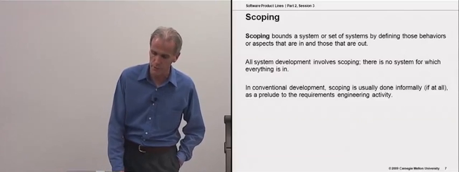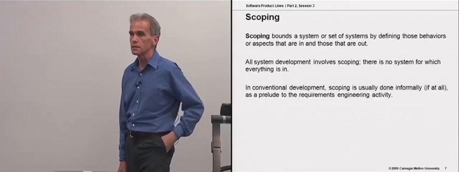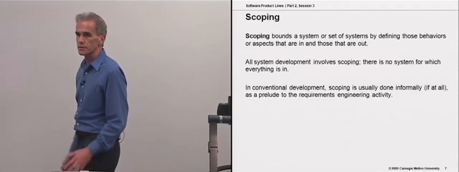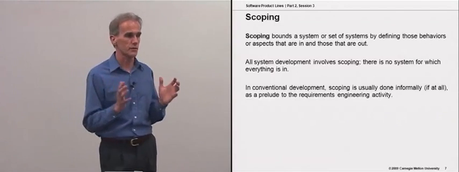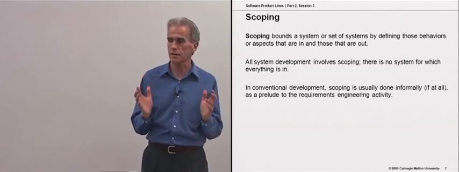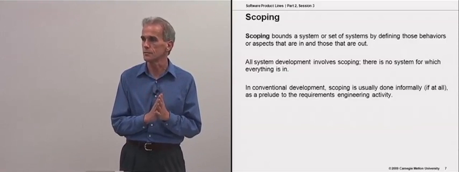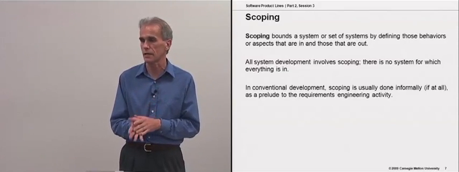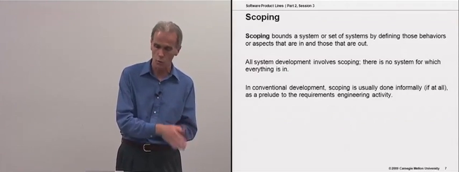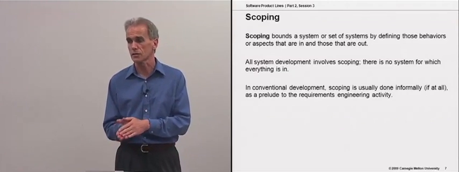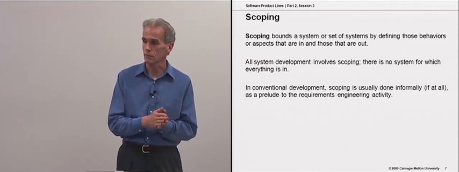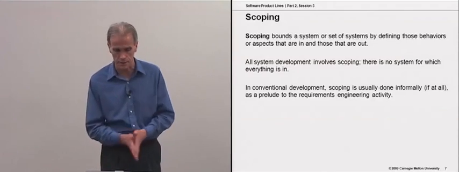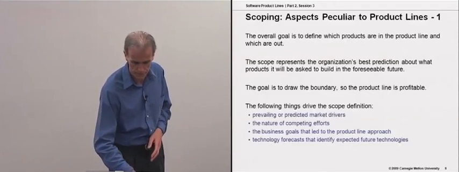The scoping practice area is all about coming up with an identification of the set of products that's going to be built as a product line, and making a determination of what's in and what's out, and coming up with a justification for why it's a particular set and not some other set.